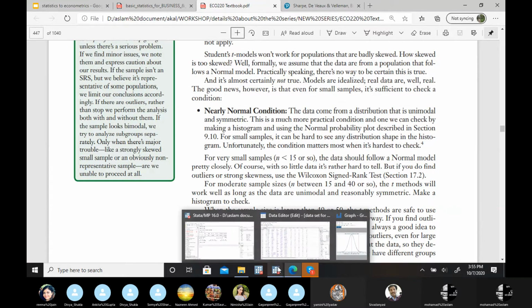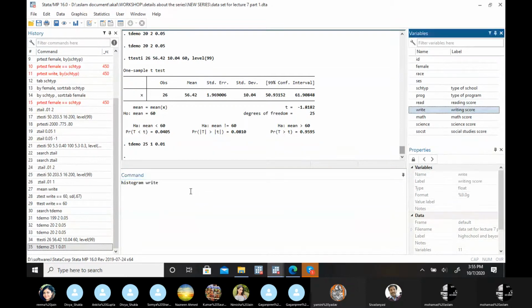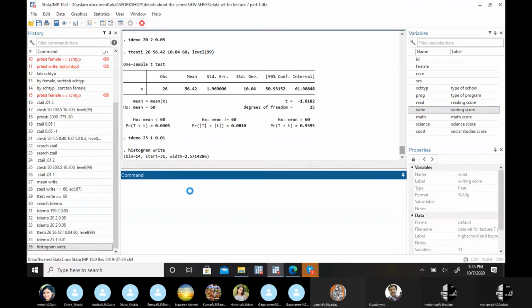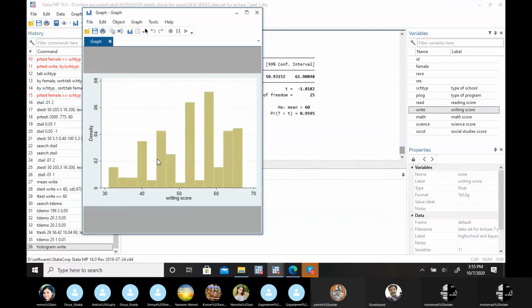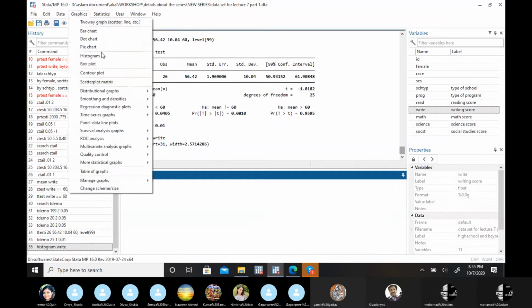For example, for this particular right variable we used earlier with the t-test, we can check the histogram to see whether it's normally distributed or not. This is a very tricky situation, right? We might not be sure. Then you have to go with some hypothesis testing for normal distribution or a normal density plot. Let me see the normal density plot for this particular case. Histogram.